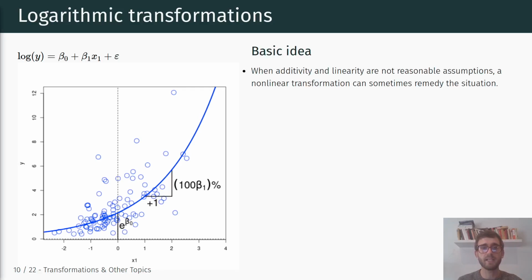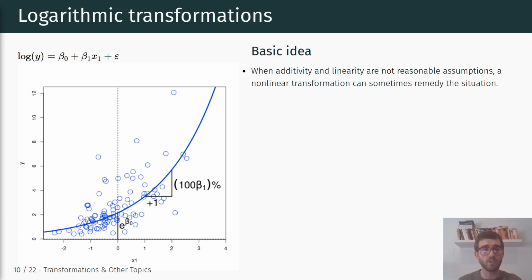The basic idea behind logarithmic, or in general nonlinear, transformations is that as soon as we have violations of the basic assumptions of additivity and linearity that we talked about in the context of linear regression assumptions, if either of those assumptions are not reasonable in the context of the data or the data generating process and the outcome that we want to predict, then some kind of nonlinear transformation can sometimes remedy that situation.